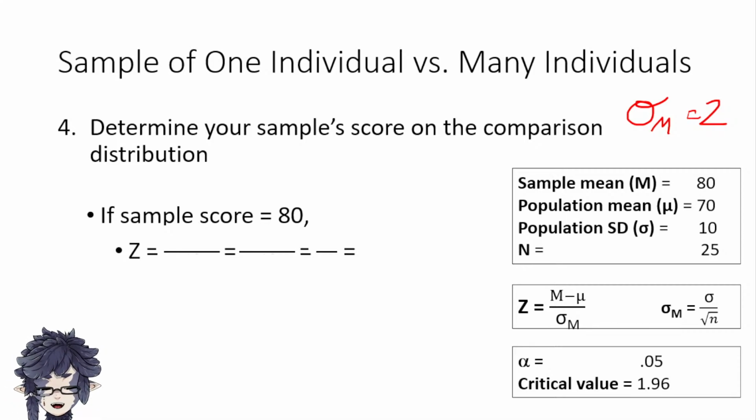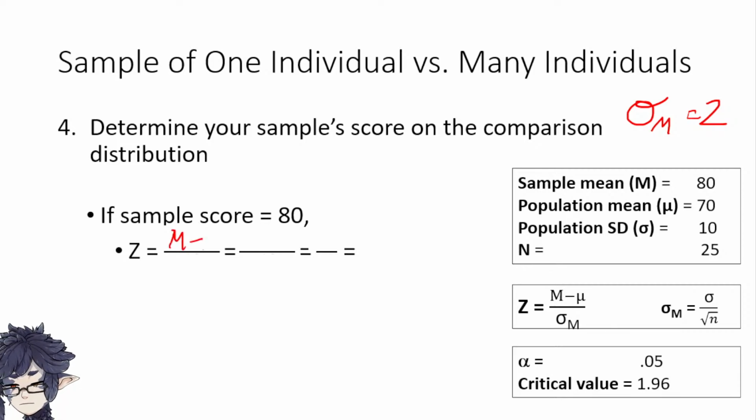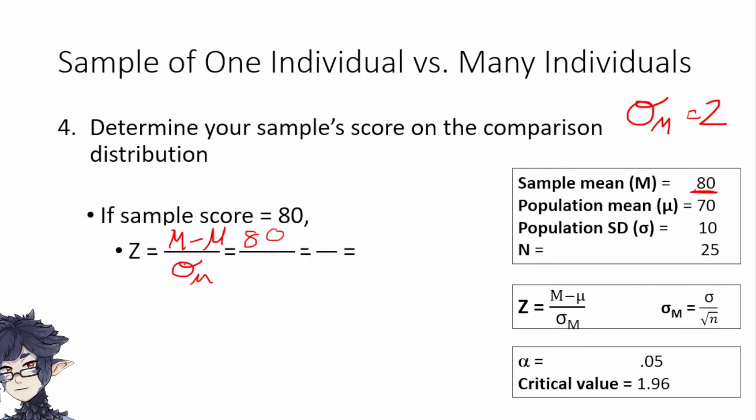Oh, fair enough. Okay. So, the z-score is the sample mean minus the population mean over the standard error. Our sample mean here is 80. On average, the people in our sample got a happiness score of 80. Let's write smaller.